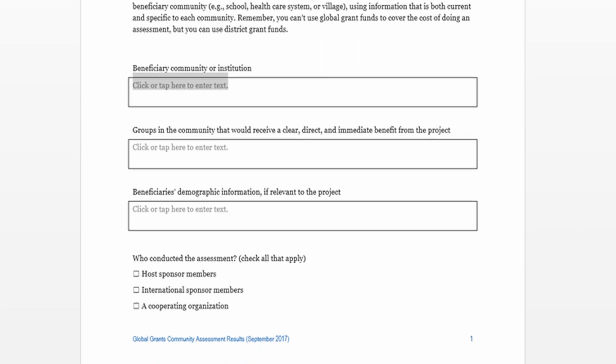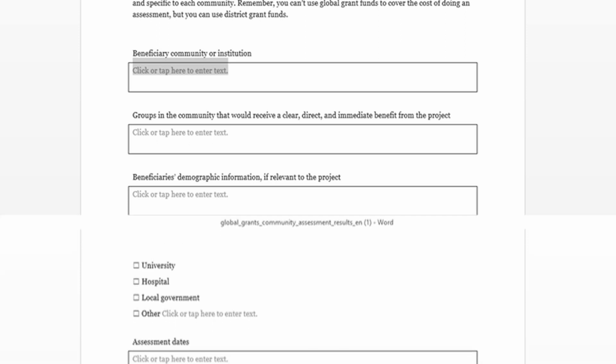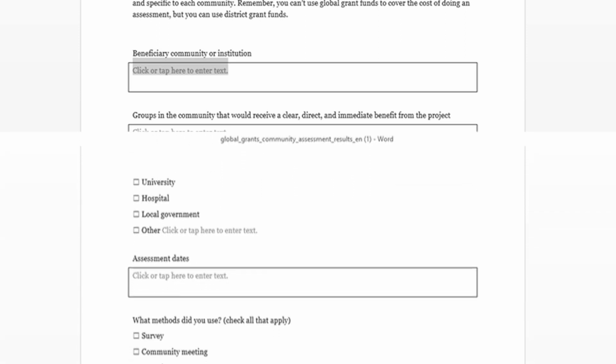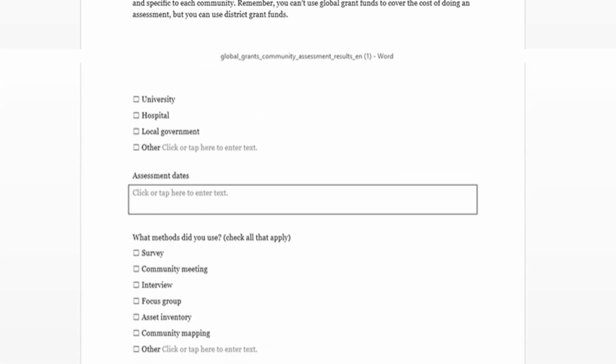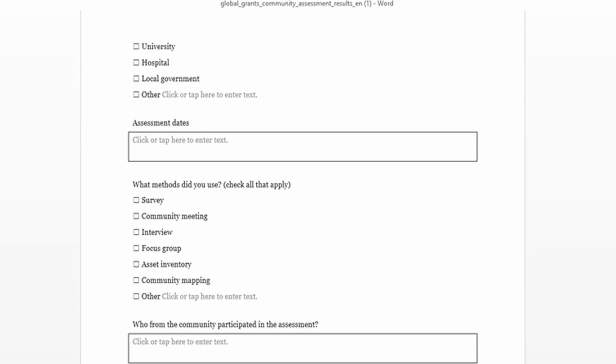Host sponsor members, international sponsor members, a cooperating organization, university, hospital, local government, or some other choice that you would come up with yourself, like a primary school leader or perhaps a Rotary Community Corps. Then you would define the dates over which your data was collected.